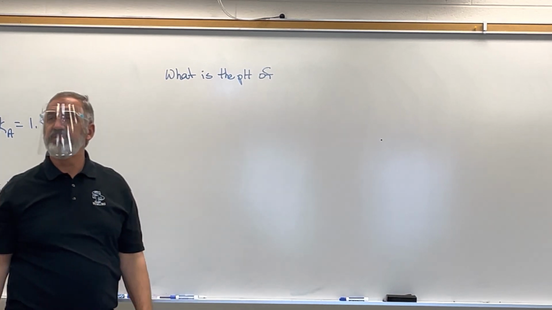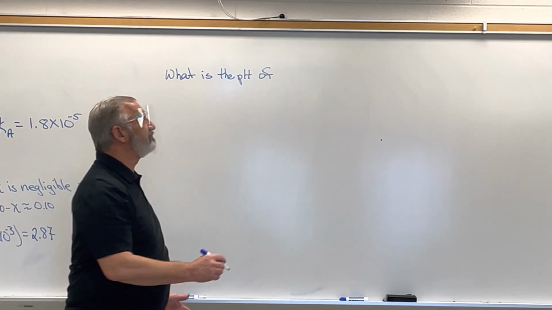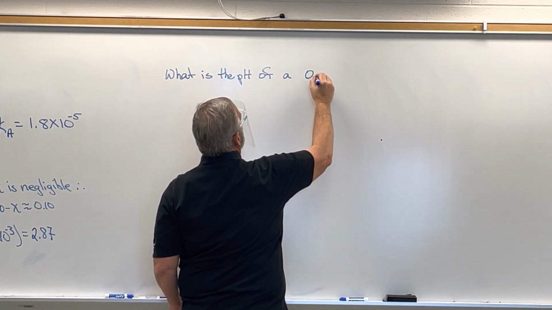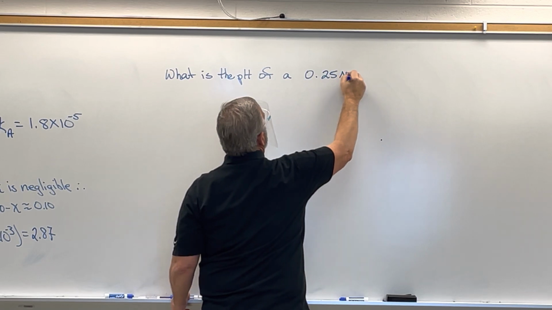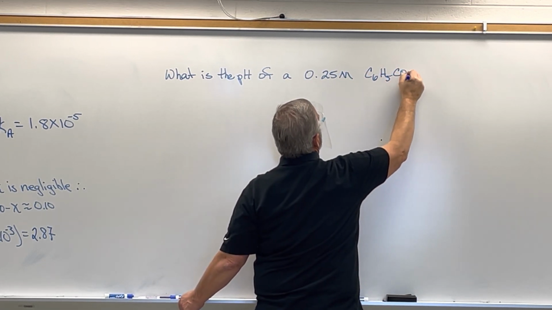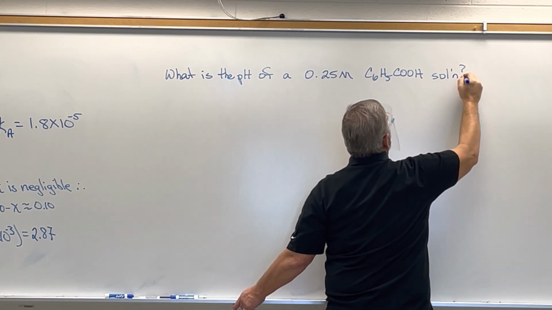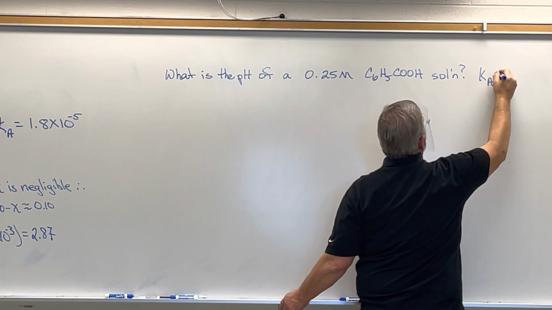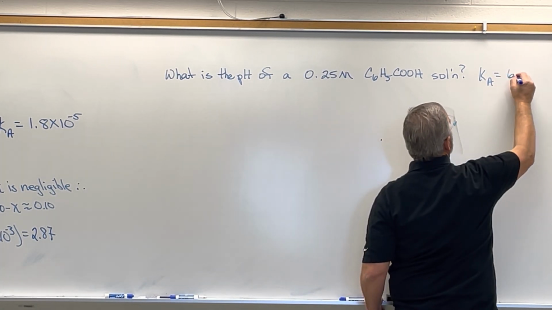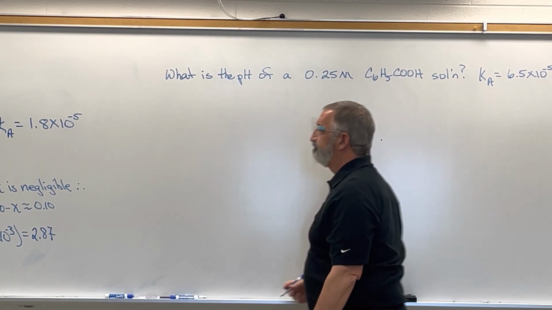Well, it's too strong. We'll do benzoic acid, a 0.25 molar C6H5COOH solution. Ka is equal to 6.5 times 10 to the minus 5. Okay, so you do that one.